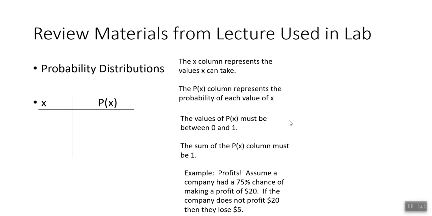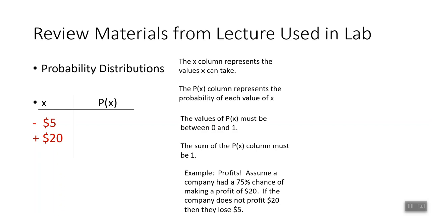For example, profits. Assume a company had a 75% chance of making a profit of $20. If the company does not profit $20, then they lose $5. So the company will either make $20 or lose $5. And traditionally you do write them in ascending order, but it doesn't matter.